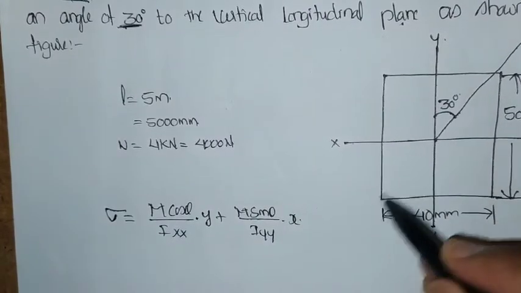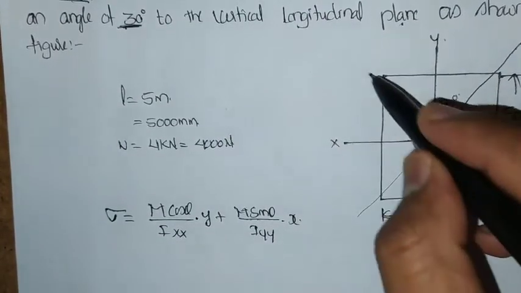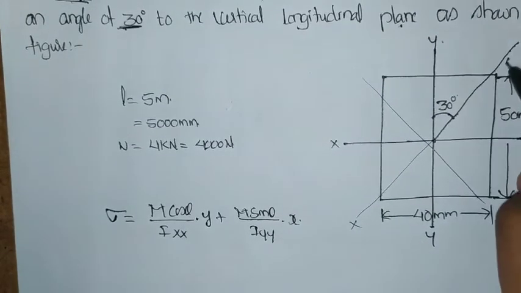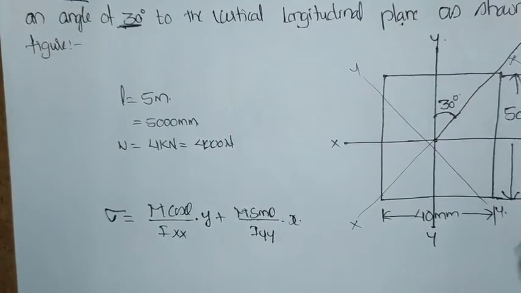If it is going to be in this way, it is going to come in this axis. So I am going to consider this as xx and this as yy.